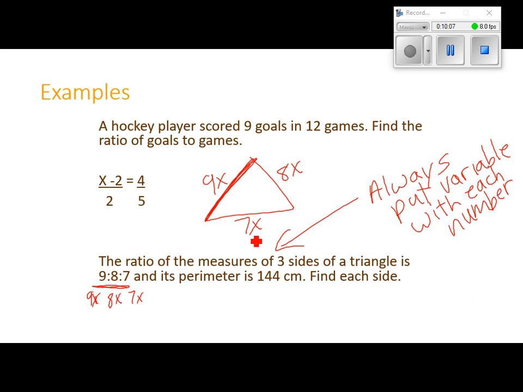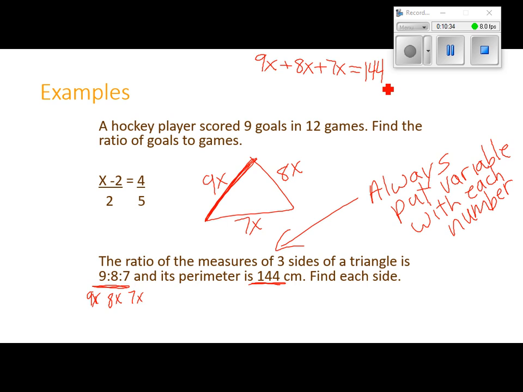So this time, what are we going to add up? 9x plus 8x plus 7x, and I'm writing it up here just so I don't have to bend down. Equals 144, because they told us the perimeter is 144. How many x's do you have?